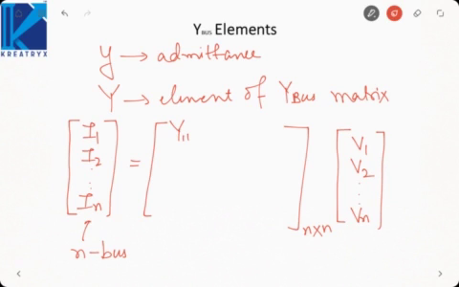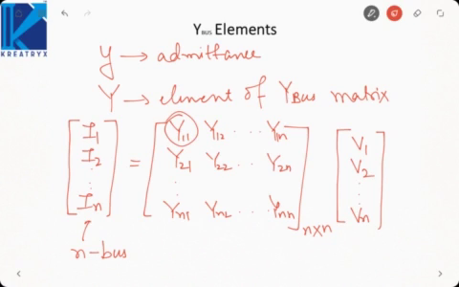The matrix will be something like this: Y11, Y12 up to Y1n, Y21, Y22 up to Y2n, Yn1, Yn2 up to Ynn. Okay, these capital Y's represent the elements of the Y bus matrix, whereas small y is used to represent the admittance connected between the two buses or between the bus and the ground.